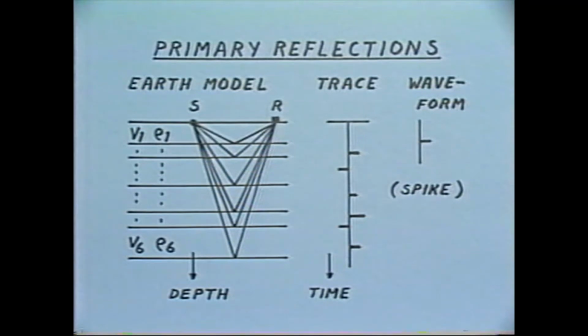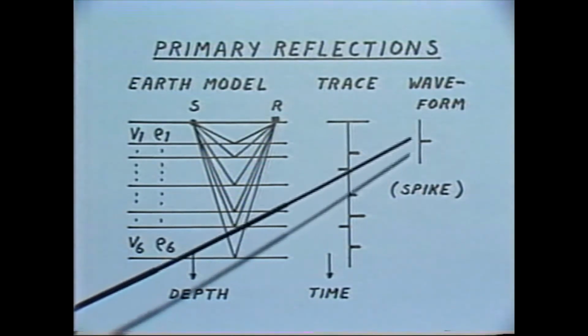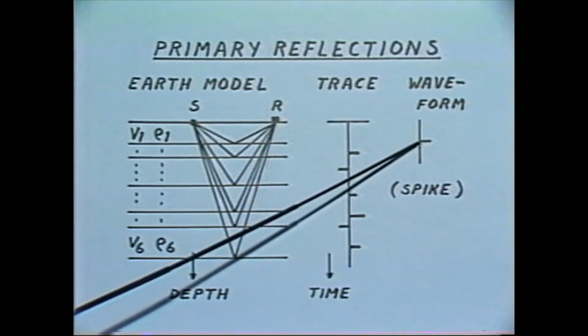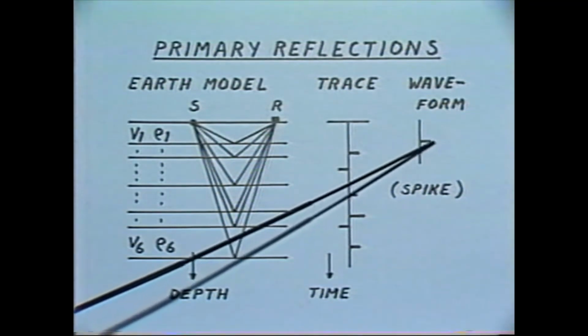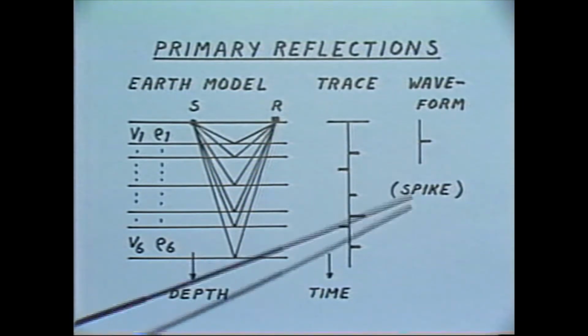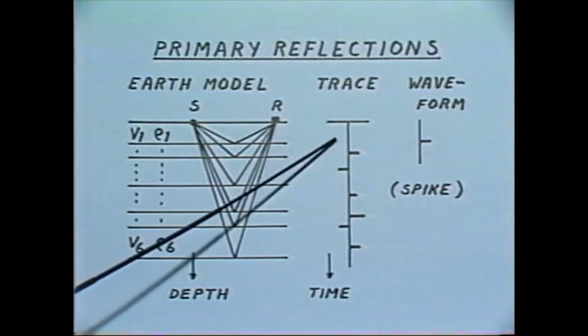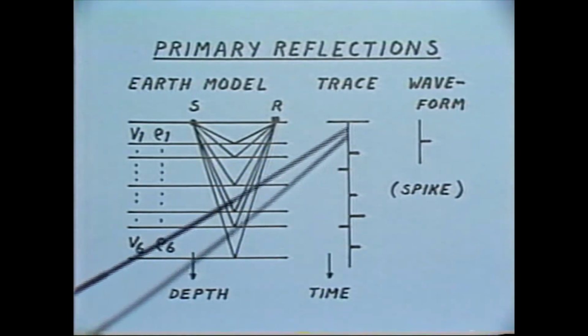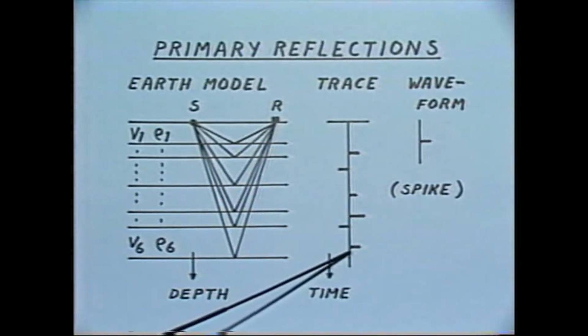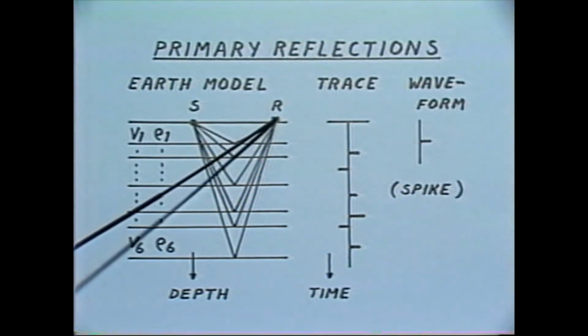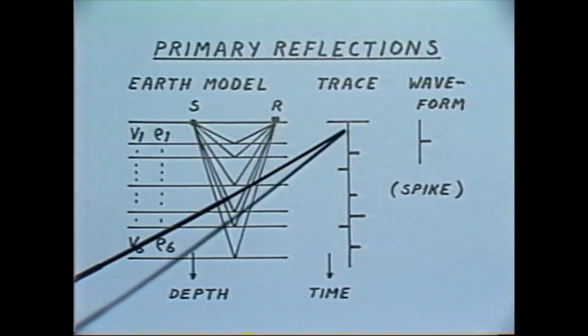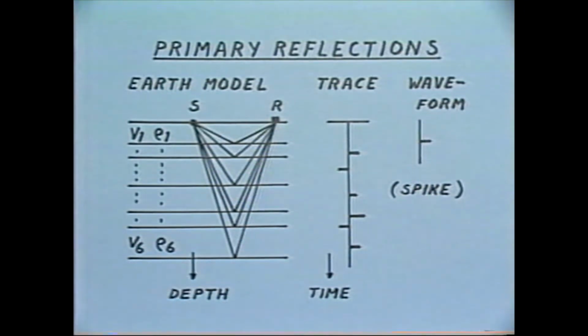Now, if we imagine that the seismic waveform that was traveling along each of these ray paths was like this, just a sudden sharp impulse of seismic energy, this is often referred to as a spike, then this is the type of trace we would record at a receiver here if we saw only these primary reflections.